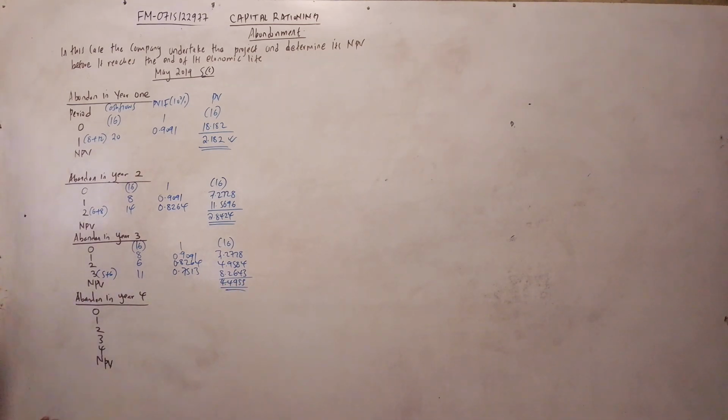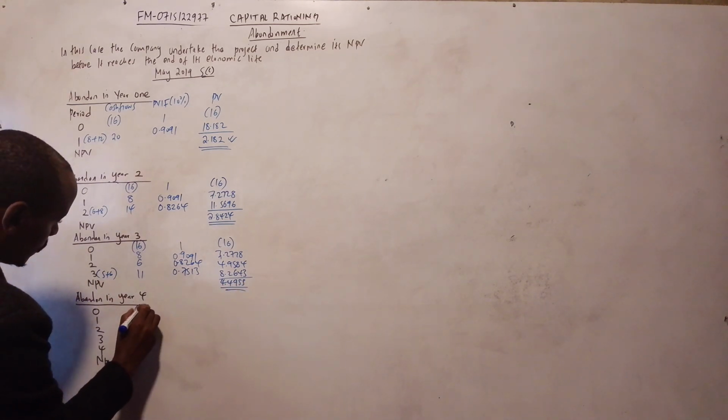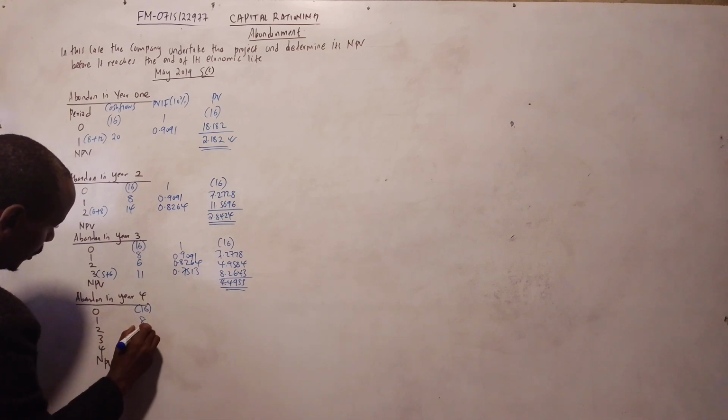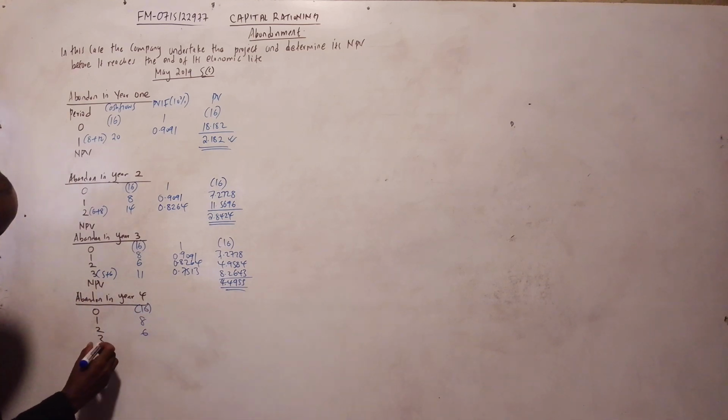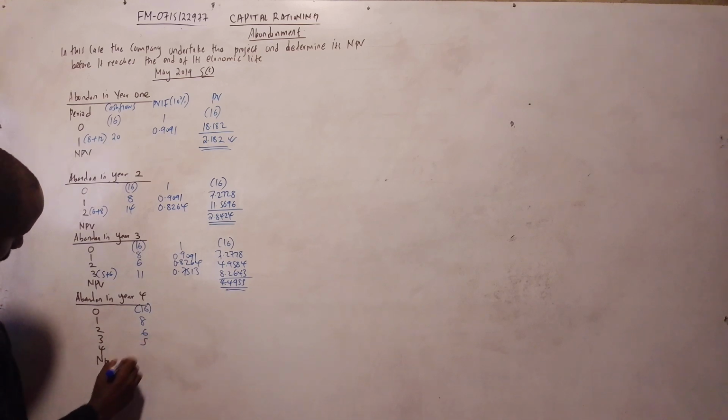Then for year 4: 16, 8, 6, 5, and in year 4 we had 4 only as our value.